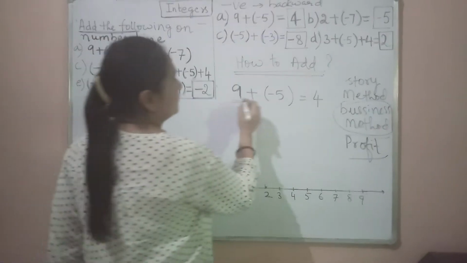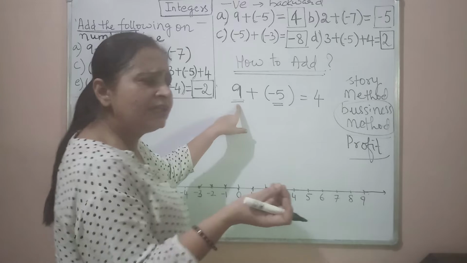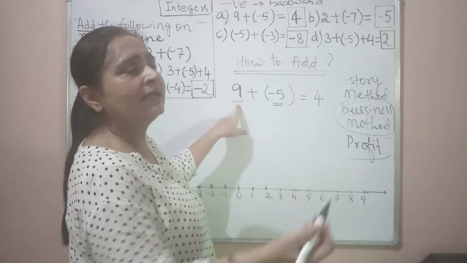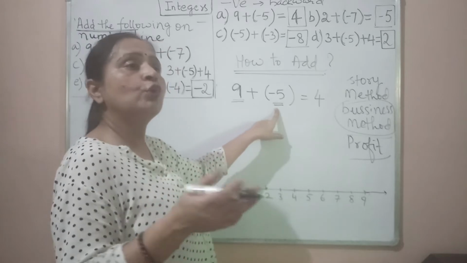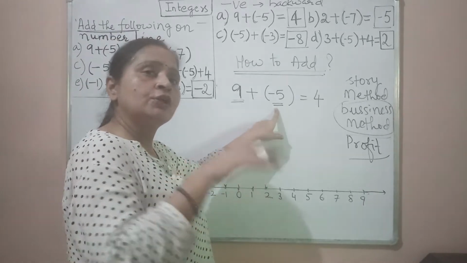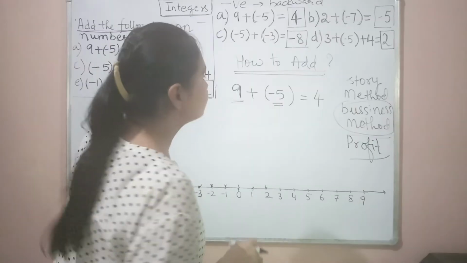So suppose a person earns 9 rupees, or you do a very small business, you bought a pen and sold it to someone, then bought another pen that nobody was buying, so you sold it at 5 rupees less. That means you lost 5 rupees.